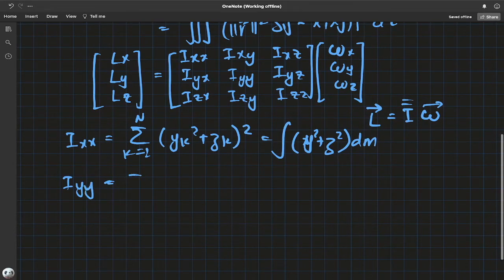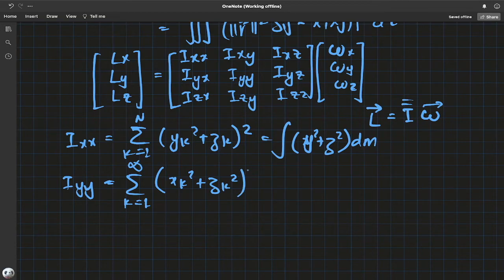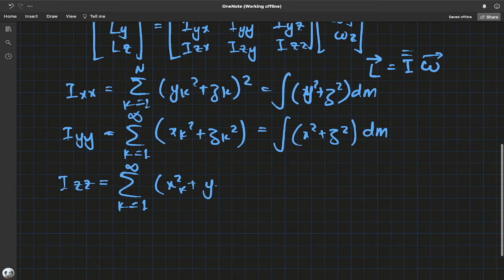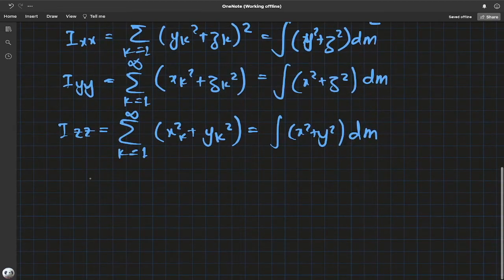Well, you do the same for Iyy: x sub k squared plus, I believe, z sub k squared, so the integral of x squared plus z squared dm. Same thing for z. I'm just writing everything down so I cover everything. Y sub k squared, which is nothing but x squared plus y squared integrated dm.